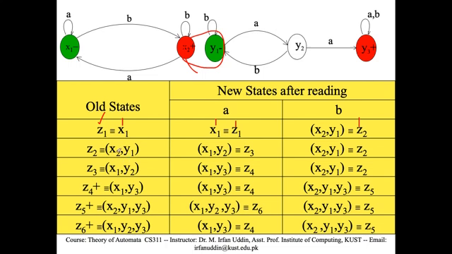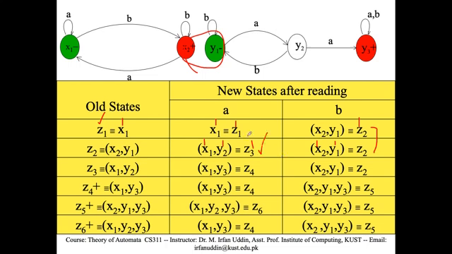X2 reading A, we go to X1. Y1 reading A, we go to Y2. This is Z3. Now X2 reading B, we go to X2. Y1 reading B, we go to Y1, which is basically this Z2.